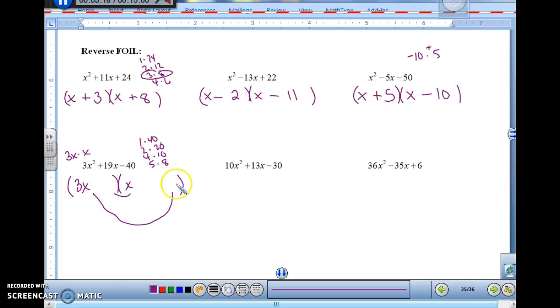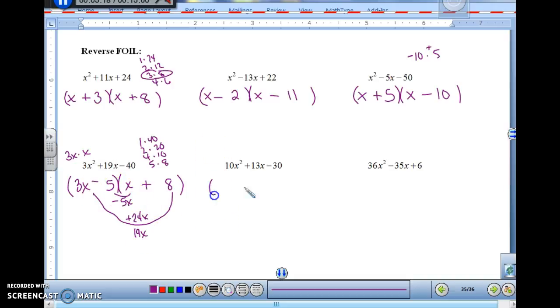Well, if I do 3 times 8 is 24, and 5, make one of those negative, I'd be all set. Well, let's see, this would be 24x, this would be 5x. If I do positive 24 and minus 5, that'll give me 19x. So if I want this positive 24, this would have to be plus 8, this would have to be minus 5. And we've got it. 3x minus 5, x plus 8.